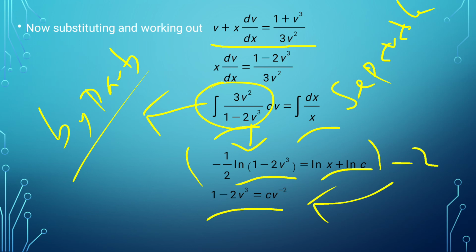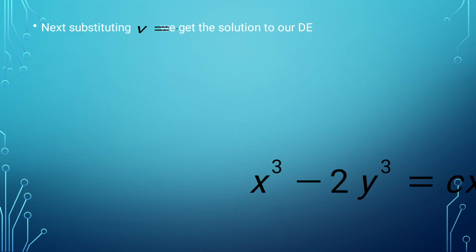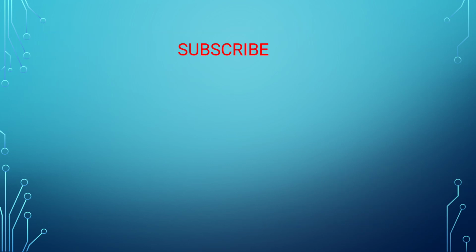So we have that, which is basically the solution to our DE. And that's how we have solved the homogeneous DE, using all those steps.